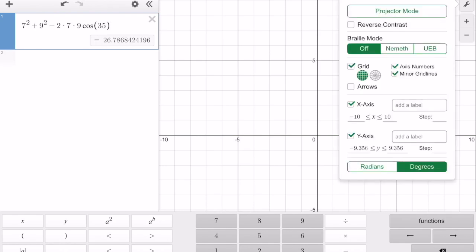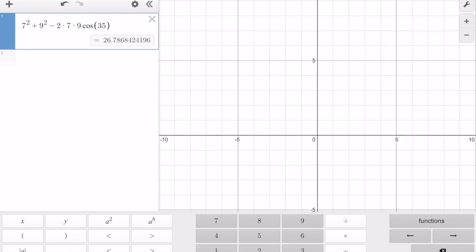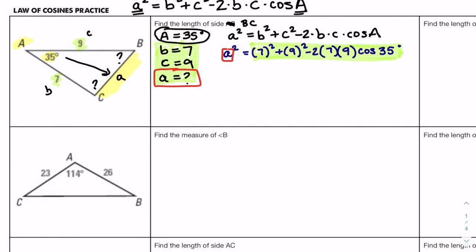And let me just check that I'm in degrees. Yes, I am. And so it looks like that's going to be 26.787. I'm going to round to 3 decimals just to be as precise as possible. So my a squared is 26.787.